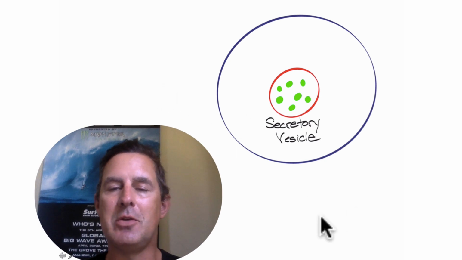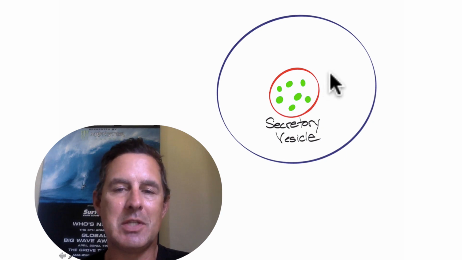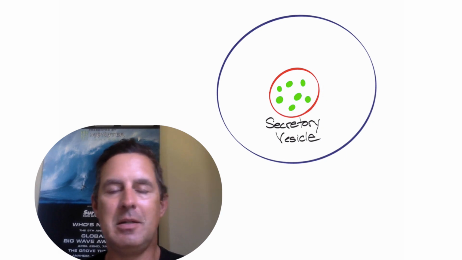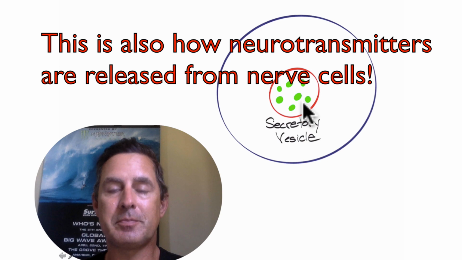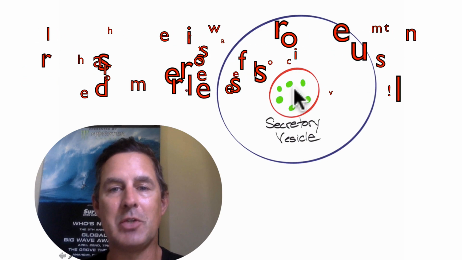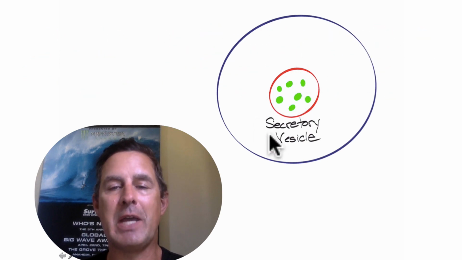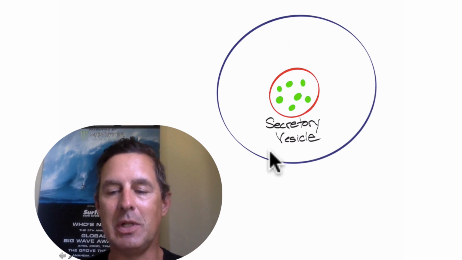Once again, here's a secretory vesicle, and we see some sort of molecule in here. At this point, I don't really care what this is. Like I said in the previous slide, this could be insulin. This is how insulin is released via exocytosis. These green things are molecules that are confined within the secretory vesicle until they are stimulated to be released.